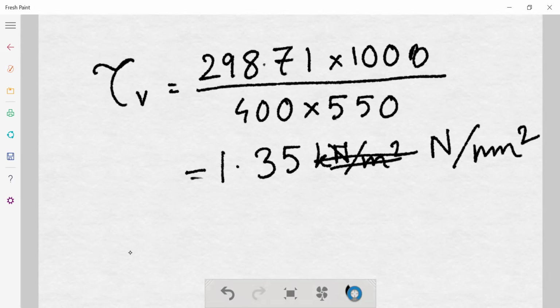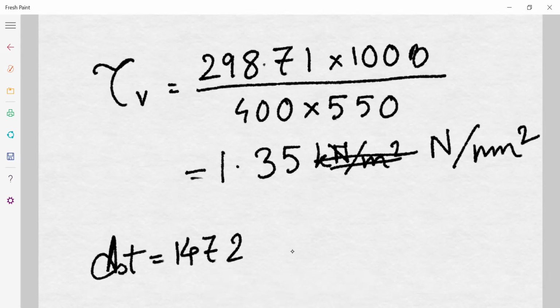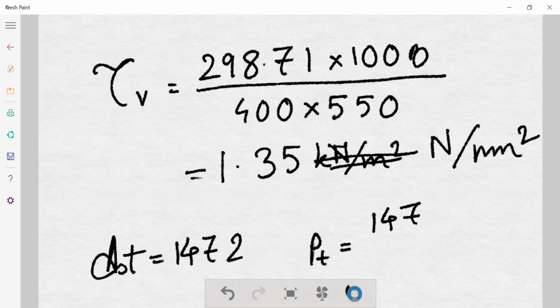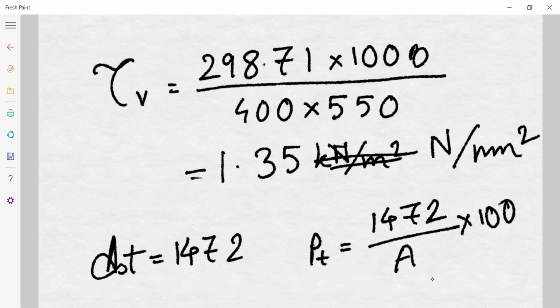Now, when we took AST as 1472, what is the percentage of steel? It is 1472 by the area of the cross section into 100, which is roughly 0.6%.